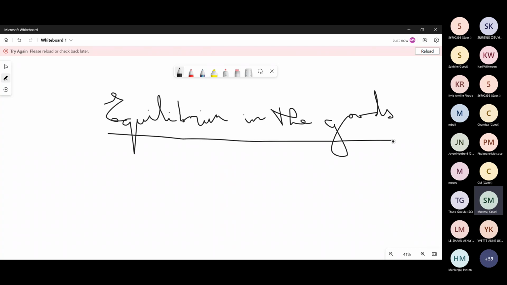Market equilibrium is when the demand and supply of a product are in balance, that is, the number of units that consumers demand is equal to the number of units that producers supply. And there is some kind of magic there.